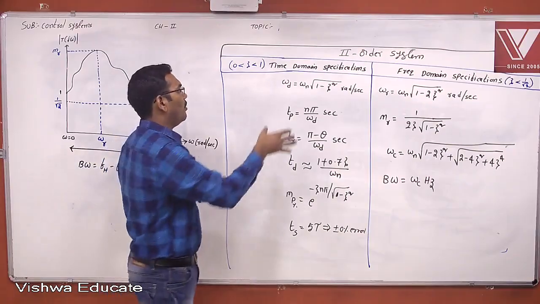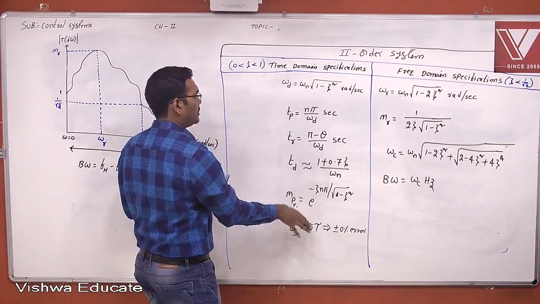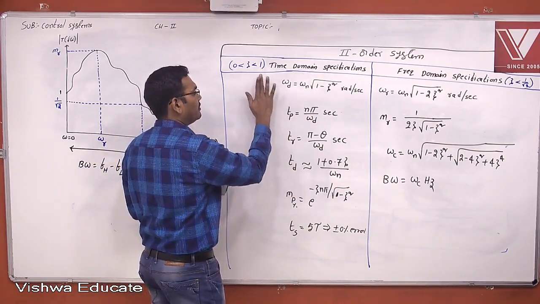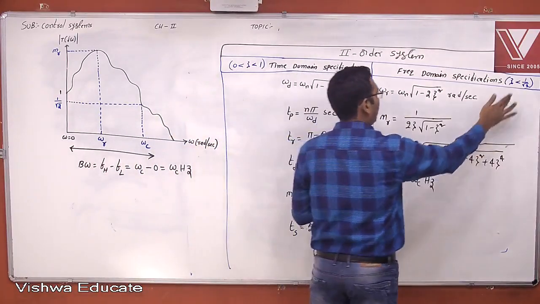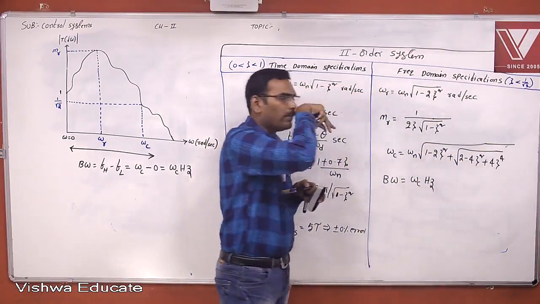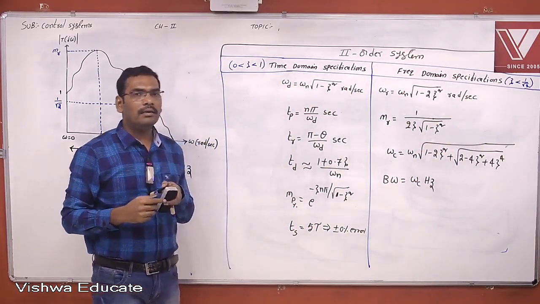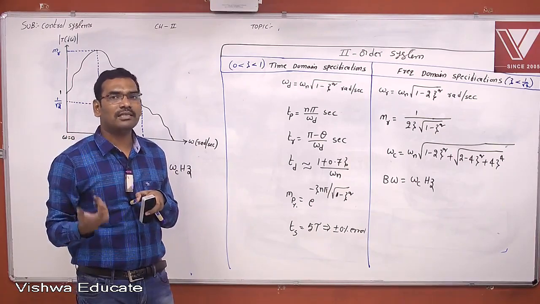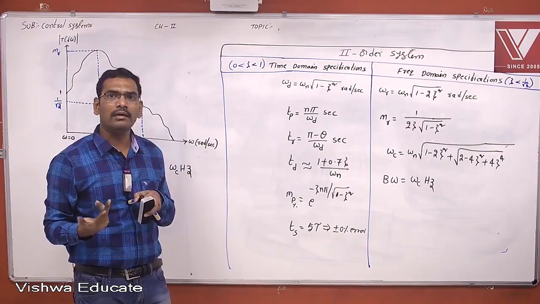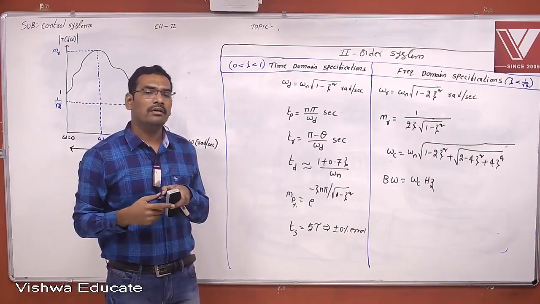Now all these are the time domain specifications, which are valid when zeta is less than 1. All these are the frequency domain specifications, which are valid when zeta is less than 1 by root 2. That is the difference. And the natural second order system is also a combination of RLC, with L and C, two storage elements.